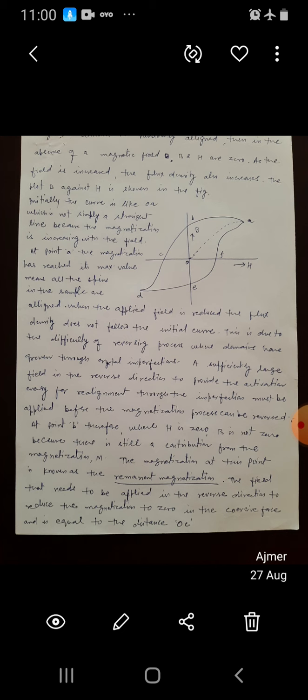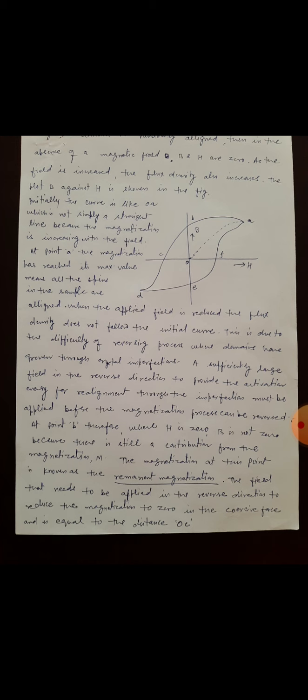And what should have been there? If H is 0, then B should also have been 0. But on reducing the magnetic field, there is still a magnetic flux at the 0 magnetic field.